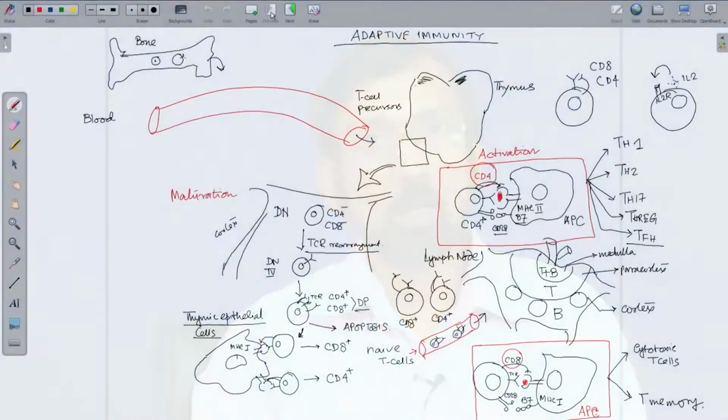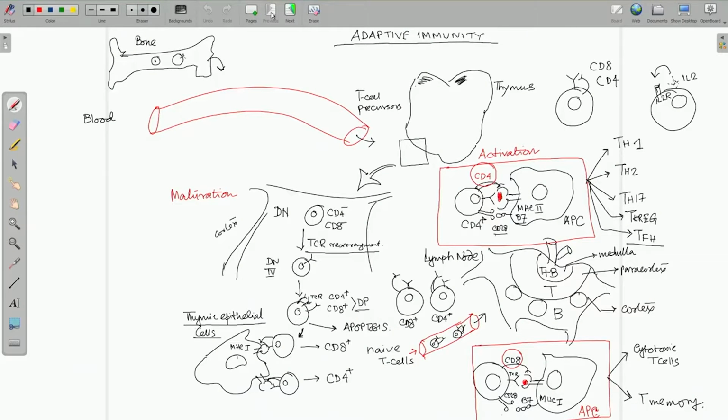The cell mediated part, which is primarily mediated by the T cells, activation of the T cells, and there is the humoral part or the humoral response, which is the antibody mediated response, and that is mainly carried out by the B cells.